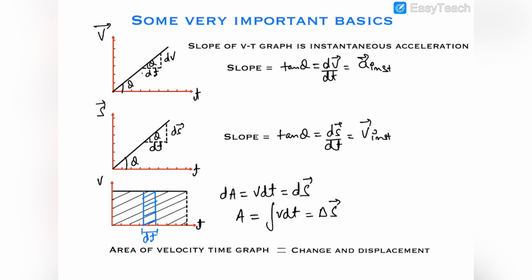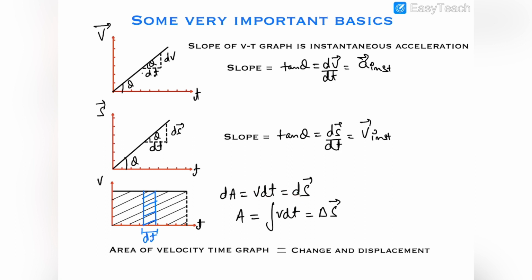So the area of this element dA would be V into dt. So V dt is its area, and V dt is ds. We all know that V is equal to ds by dt, so ds is equal to V dt.